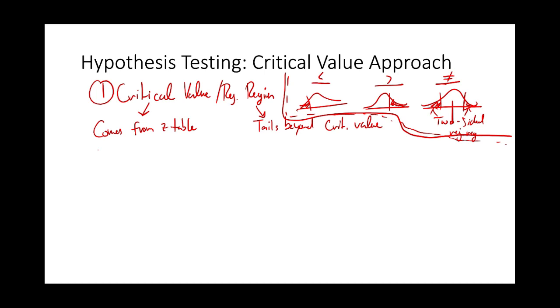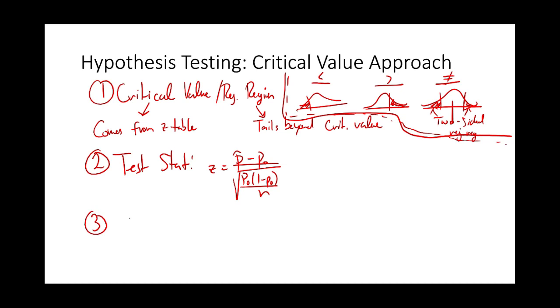But okay, once you have your critical value, you're going to calculate your test statistic, which is just that z value. You use their claim as the proportion because you're working under the assumption that they're telling the truth until you can prove otherwise.